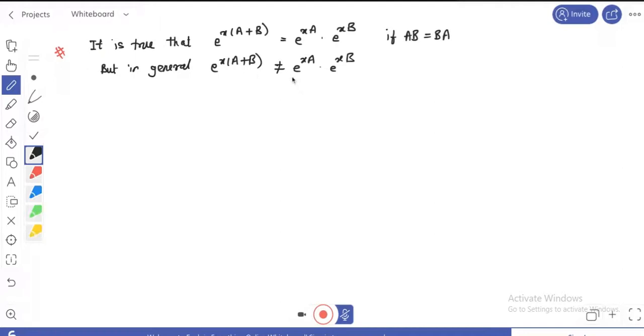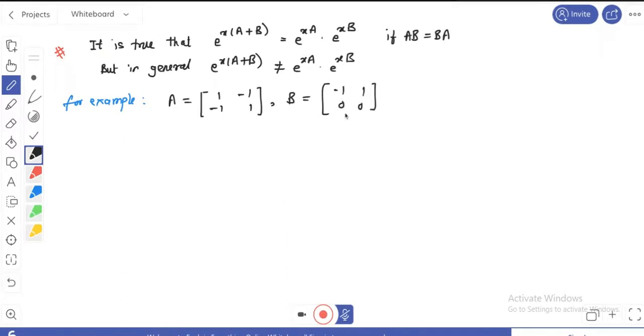So if you try to find why this happened, if we take an example, any simple matrices that do not commute with each other, so AB is not equal to BA, we write A equals this thing and B equals, suppose, minus 1 0 and 1 0.